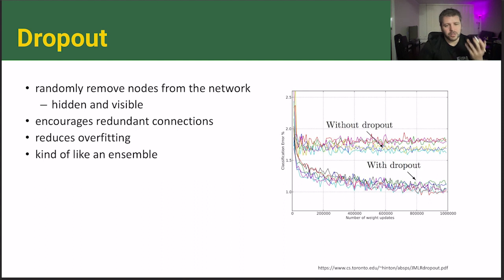And this is kind of like an ensembling procedure, because at each iteration when we're putting different information through, we're randomly turning on and off different neurons, and so we break up this ability of neurons being able to overfit. So for example, we might see specific neurons always trying to model very specific inputs and not general trends that exist across the data set.